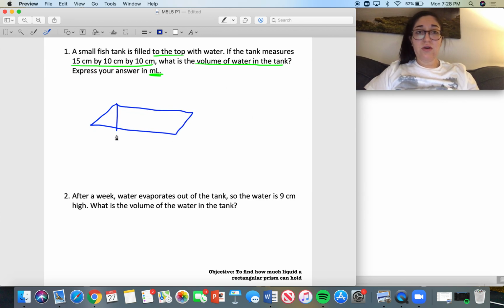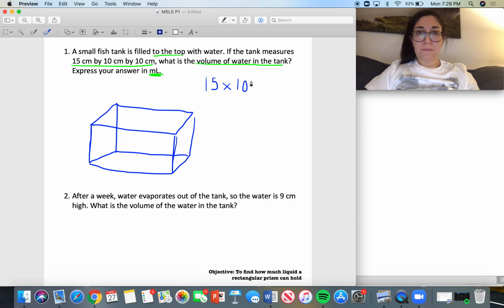And we know that the fish tank has the following dimensions. It says that it is 15 by, which is another way of saying times, right? 15 by 10 by another 10.